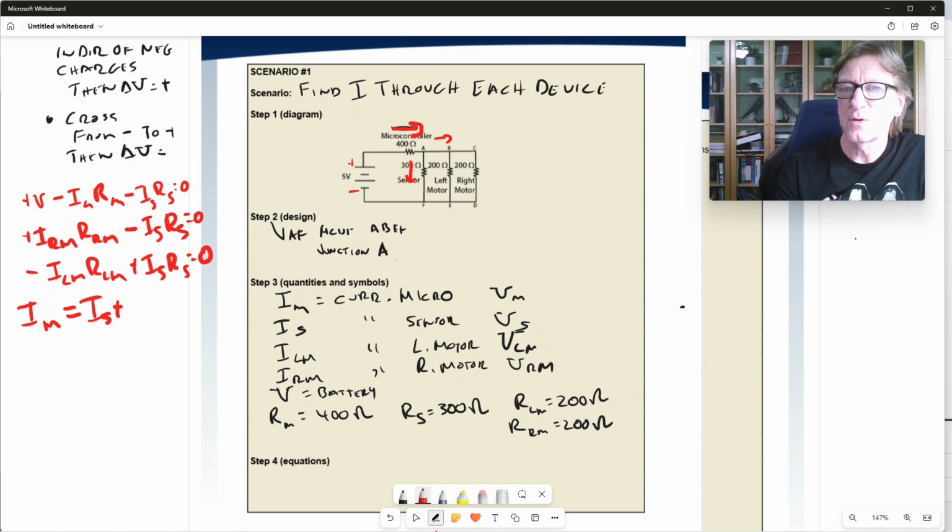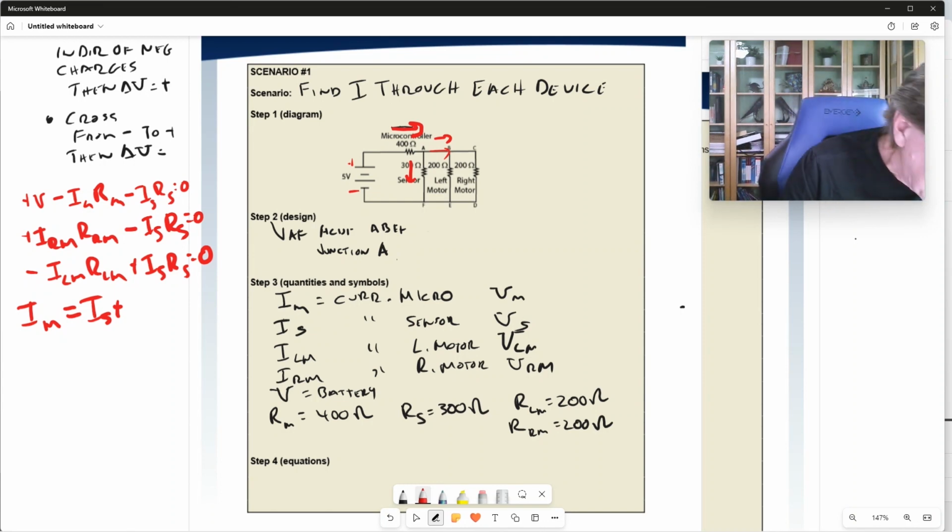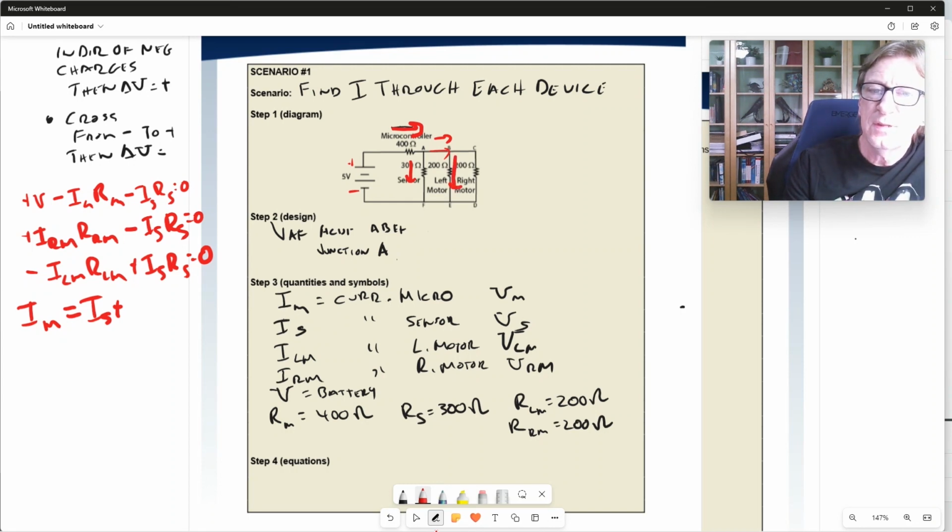So that's going to be the current that's coming through this branch right there. See if that makes sense. Let's stop and think about that. So in the end, it's going to go through both this motor and this motor. You see how the current has to go through both? It's not just going through one, it has to go through both. So the sum of that must be I left motor plus I right motor.